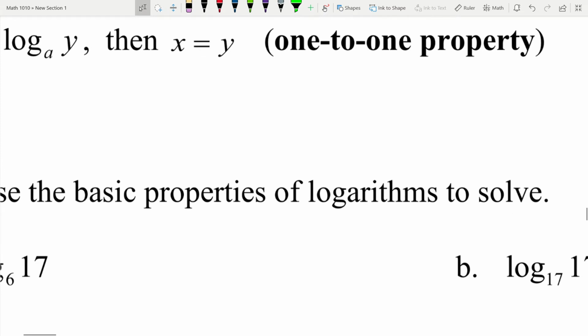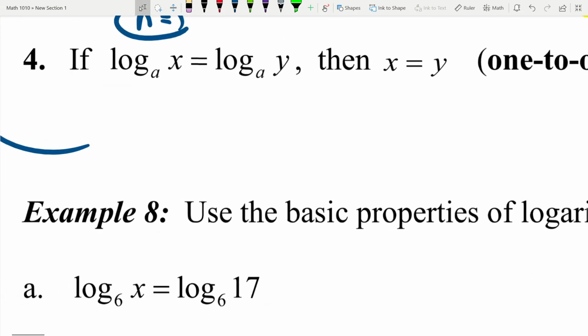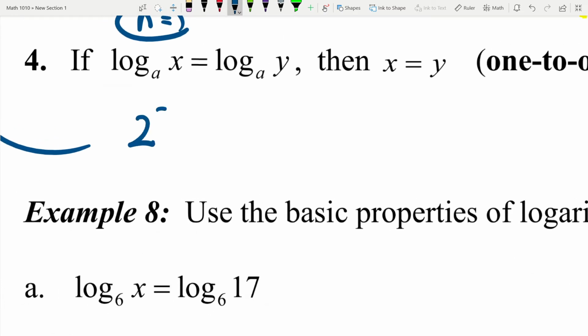This one right here. Could 2 to the third ever be equal to 2 to the second? You don't have to write this down. No. So if we know that 2 to the x is equal to 2 to the third, then I know that x has to be 3.